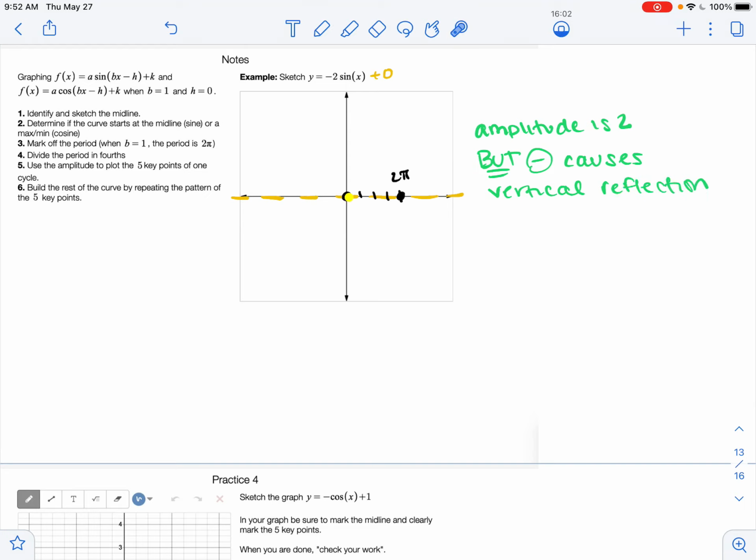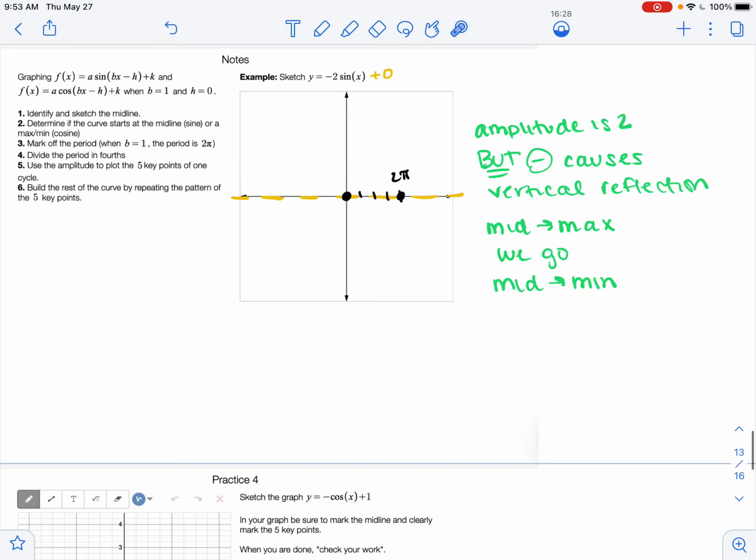So instead of going from our midline up to our max, we're actually going to go midline to our minimum, back to our midline, then to our max, back to our midline. Okay, so this vertical reflection changes. So instead of midline to max, we go midline to minimum, right?